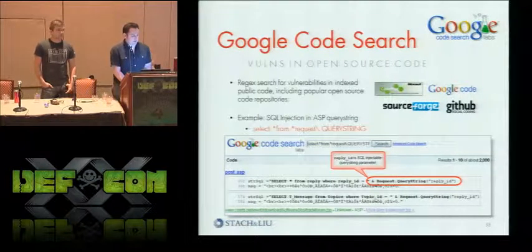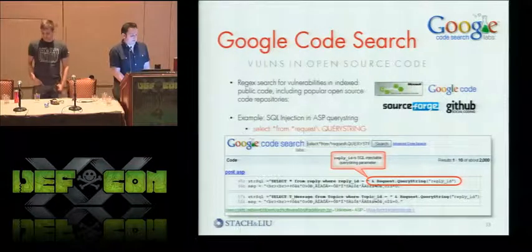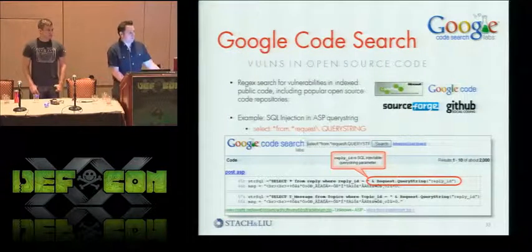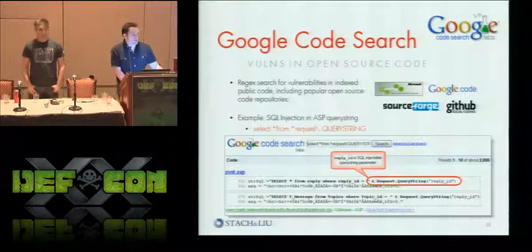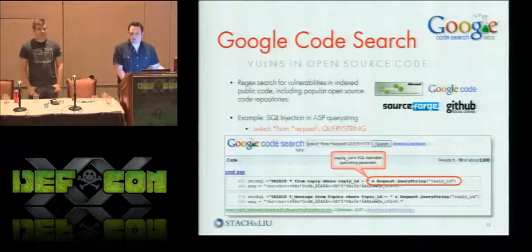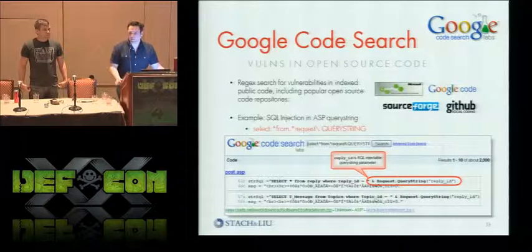For SQL injection, we see here they're putting a request.query string parameter right into a select statement. So what we would do with this is find SQL injection in some popular blog software, forum software, shopping cart software, and then go to regular Google and search for "powered by" that shopping cart software, something like that.